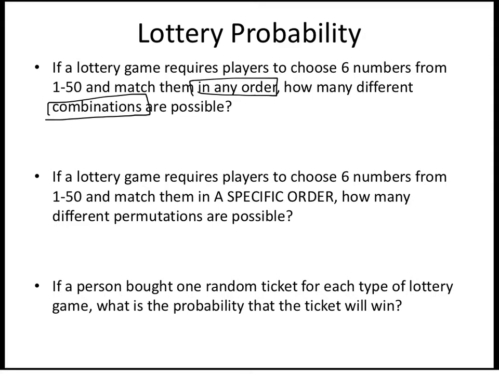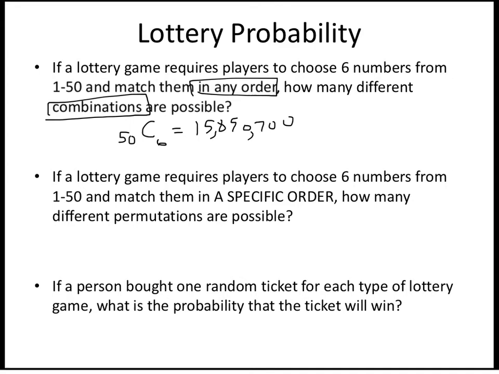So we are taking 50 things 6 at a time, so that's 50C6. When we put 50C6 into the calculator, we get 15,890,700 different combinations possible.